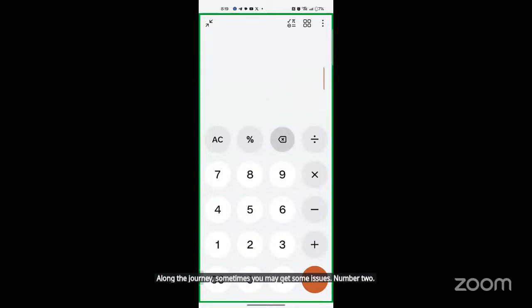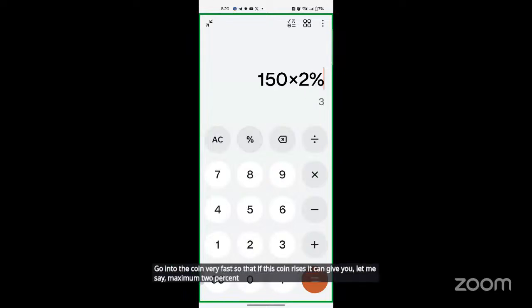Number two, you want to make sure that at least $150 goes into the coin very fast, so that if this coin rises, it can give you, let me say, maximum 2%, which is $3.